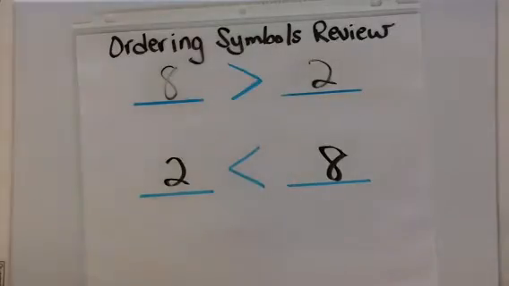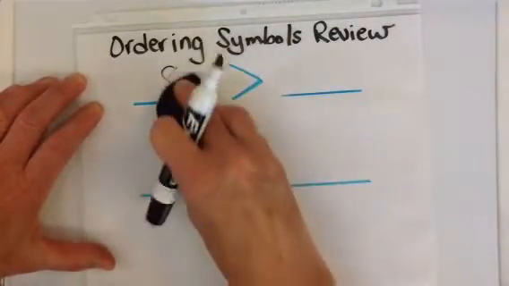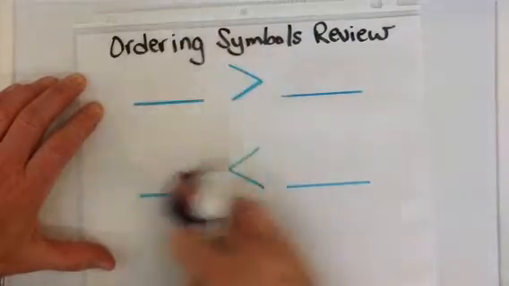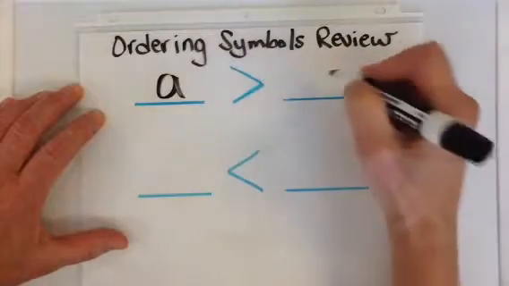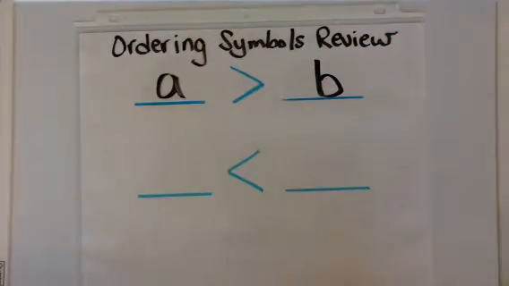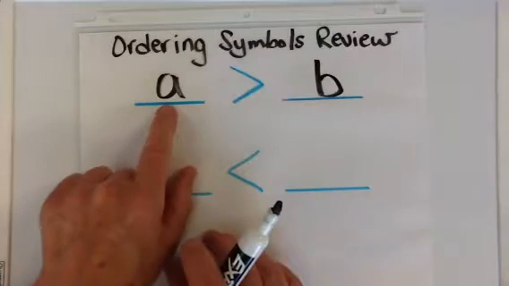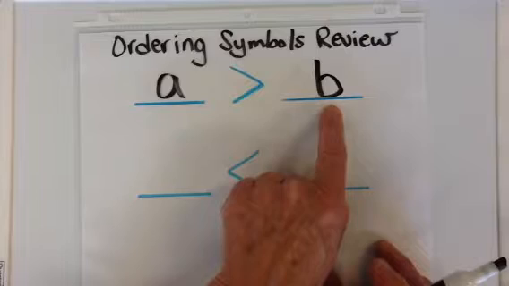All right, now here's the real test. I'm going to throw in some letters instead of numbers, so you don't get any clues from the size of the numbers. And just pretend that A represents some number and B represents some different number.